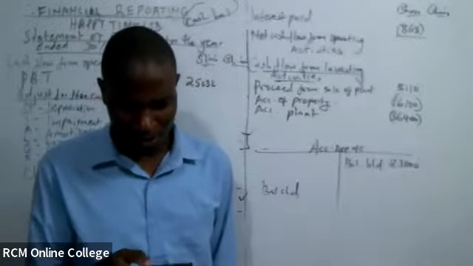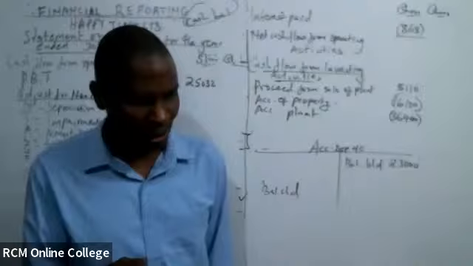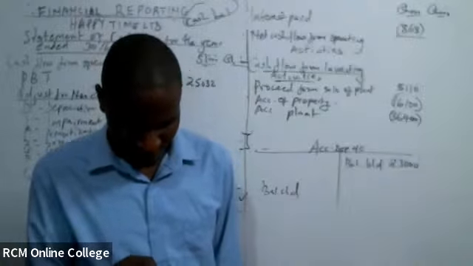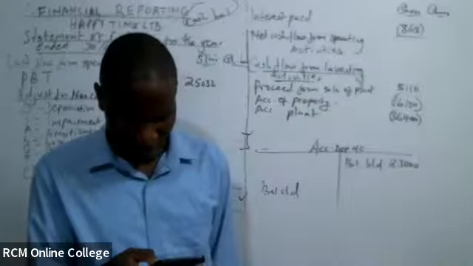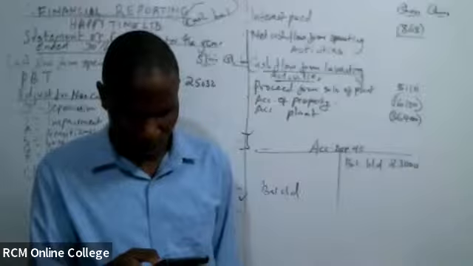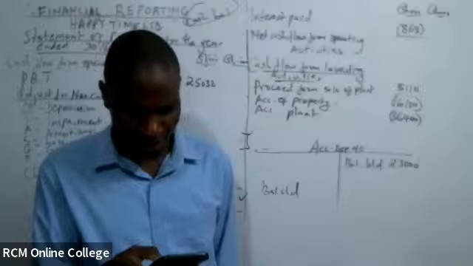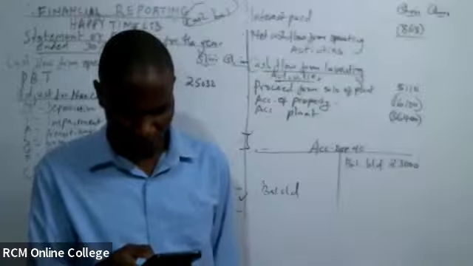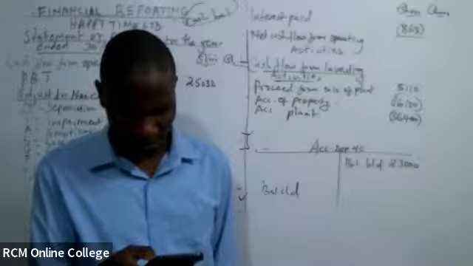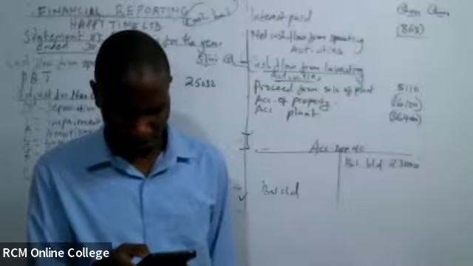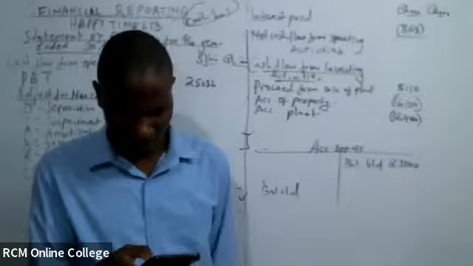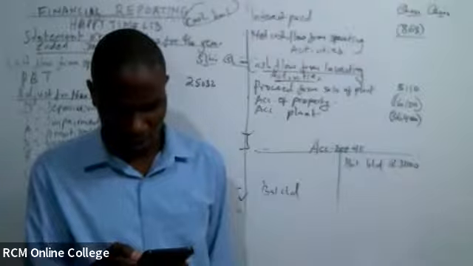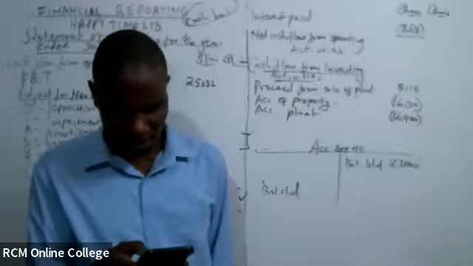Mbona naona hapo kama wametuchanga? 52,600. Sasa unaona, so kuna kitu ina miss. Na hiyo ya mwisho total 134,400.